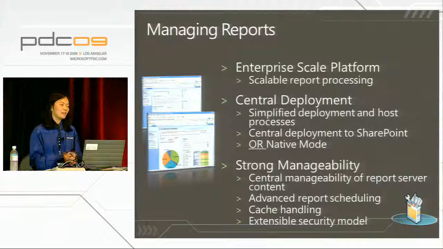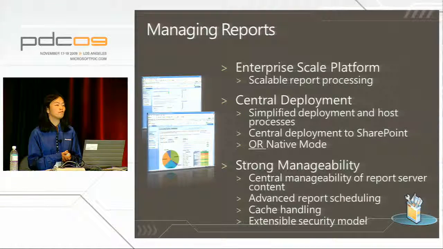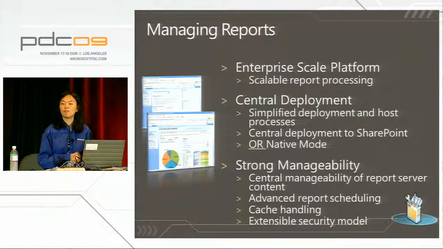The next thing that I want to talk about is that in 2008, we have improved our reporting server. A few things: our processing engine has become much more scalable. We have done on-demand report processing. In 2005, our engine would process basically all the pages before we returned page one.